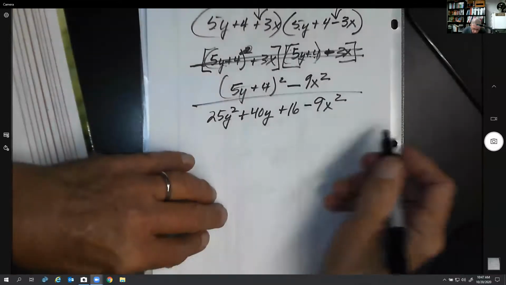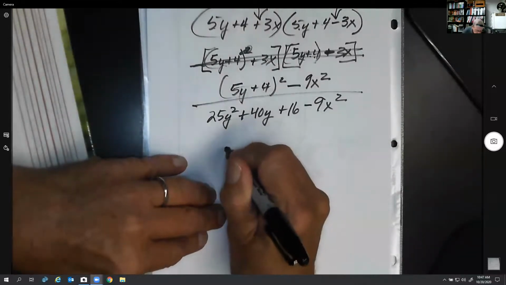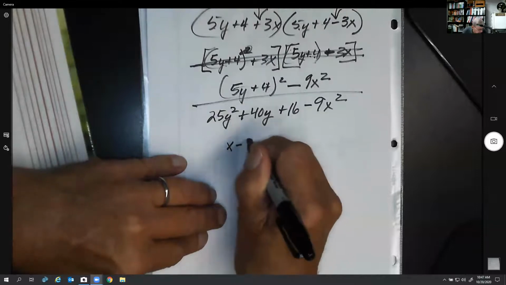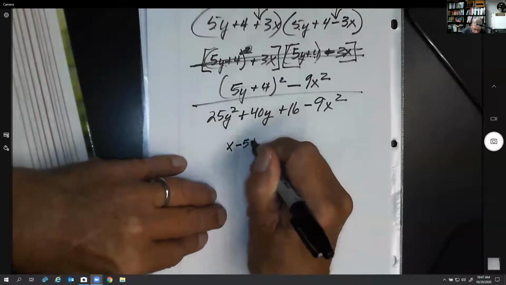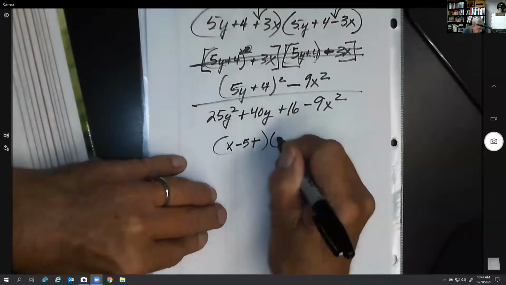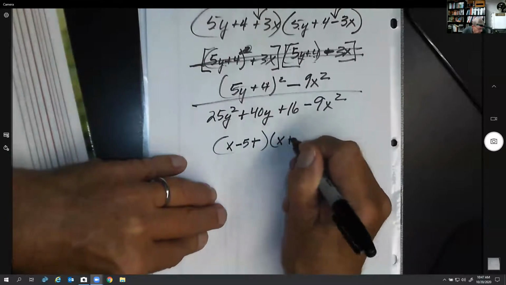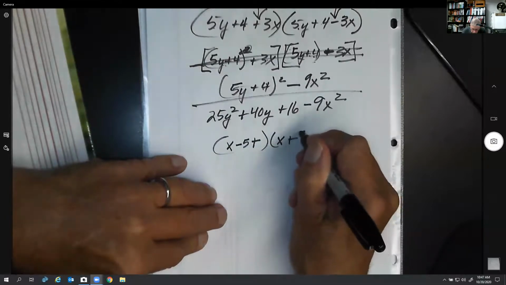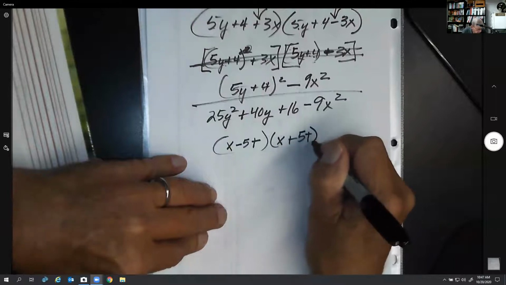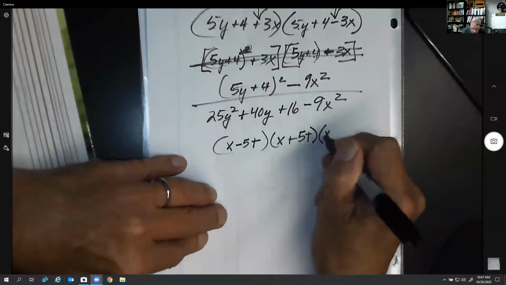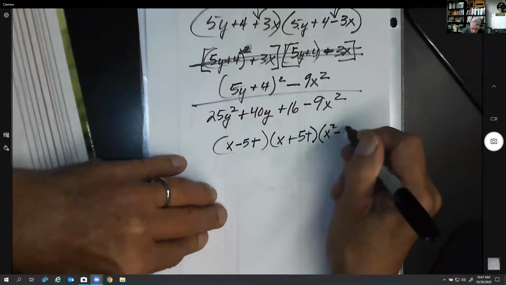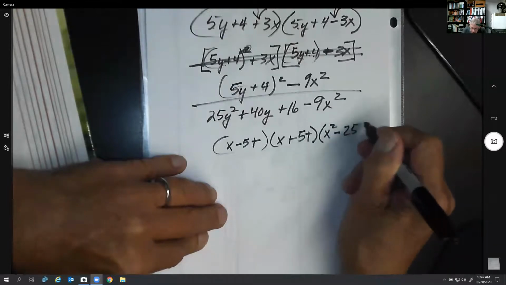Here's another one. I'm going to write this with an x minus 5t instead of an s. This is in your book on page 233, around there. And where this is an x squared minus 25t squared.